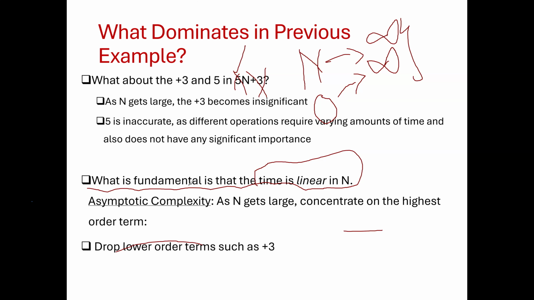When we do this, we are saying we have described what we call the asymptotic complexity. The asymptotic complexity basically says as n gets large, as n moves towards infinity, we need to concentrate on the highest order term. The highest order term is n.